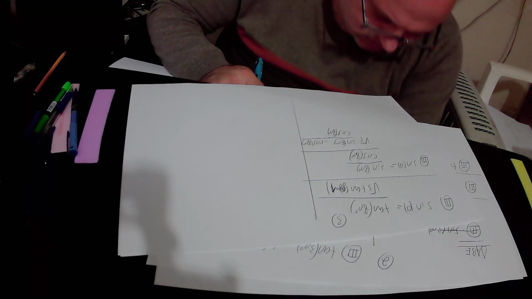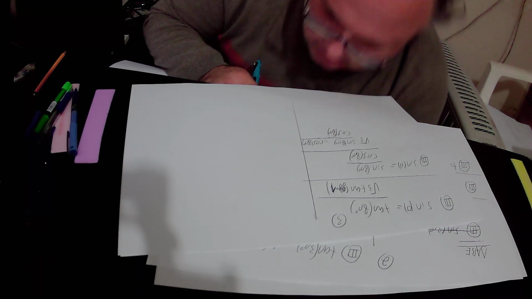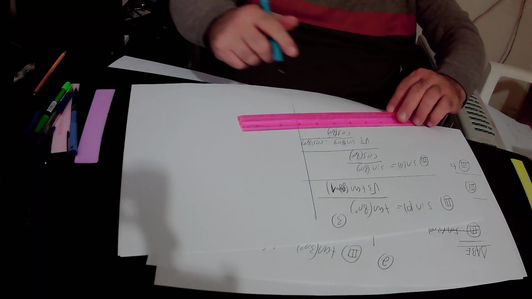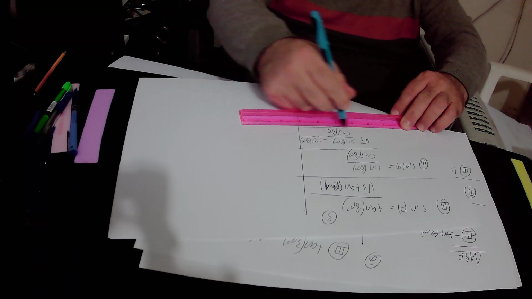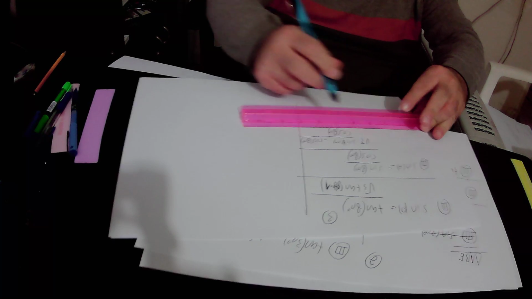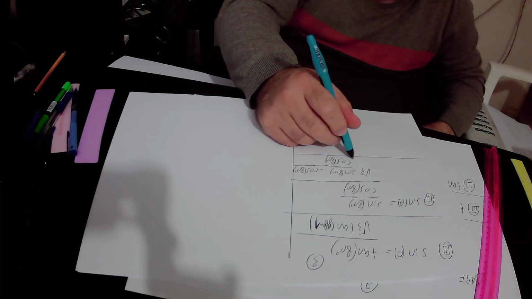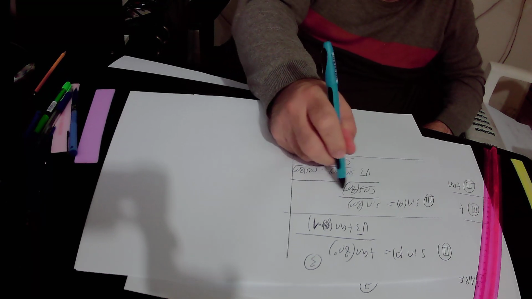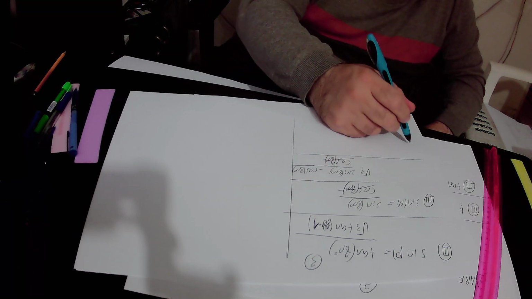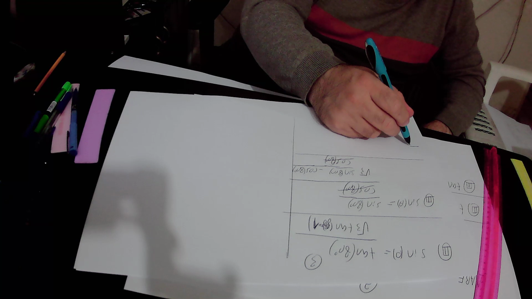And here we have cosine 80 degrees in the numerator and cosine 80 degrees in the denominator, so cosine 80 degrees will get cancelled. What is left from equation number 3 after we cancelled cosine 80 degrees?